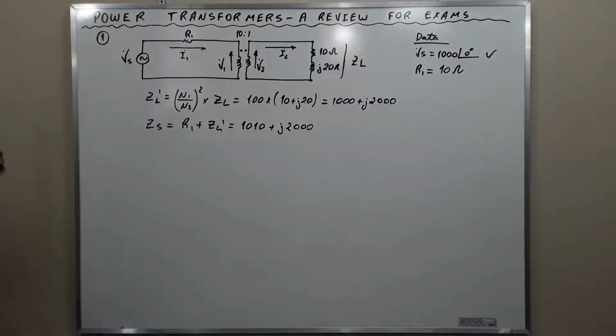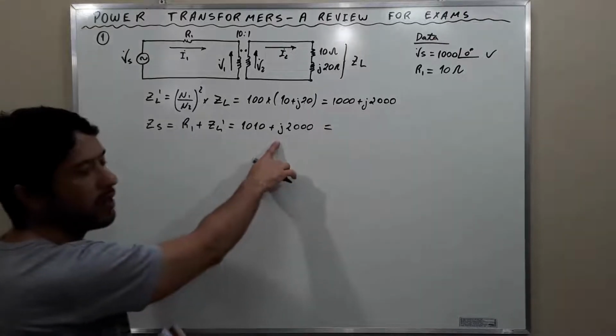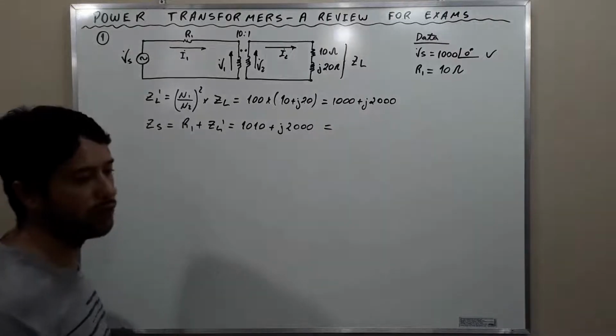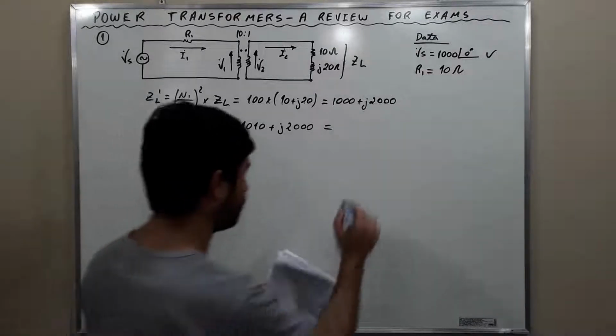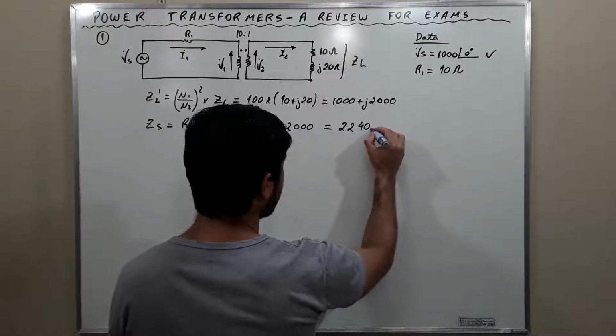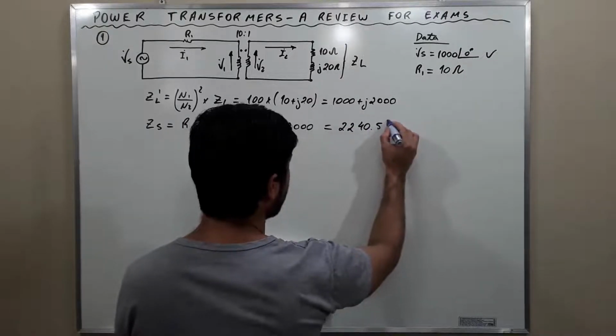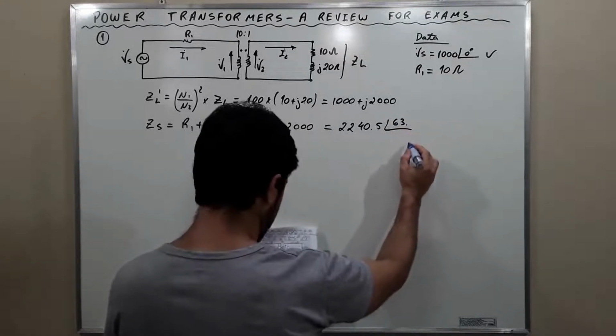With this, we can calculate the current. But before, we convert this to polar. This is the Cartesian representation of the complex number. We are going to change it to polar because it facilitates our calculation.